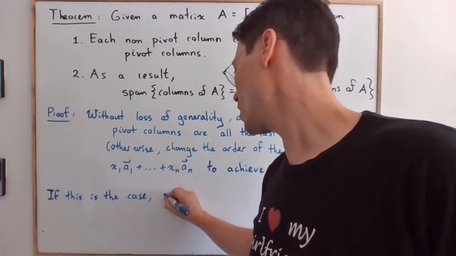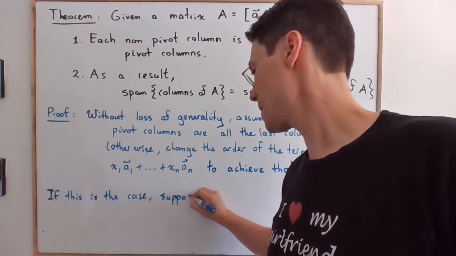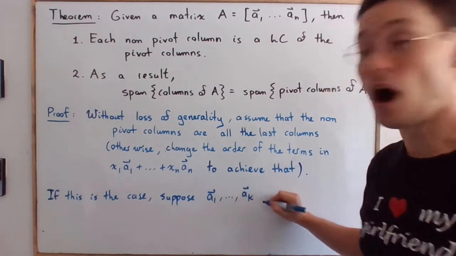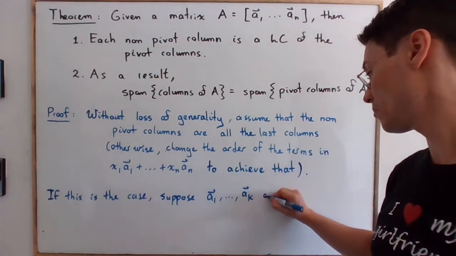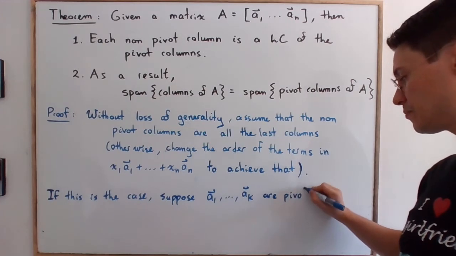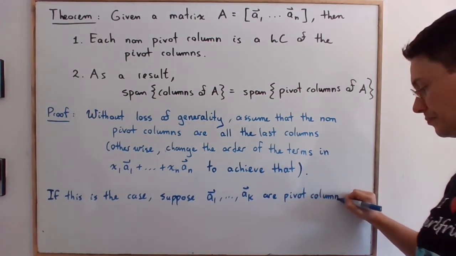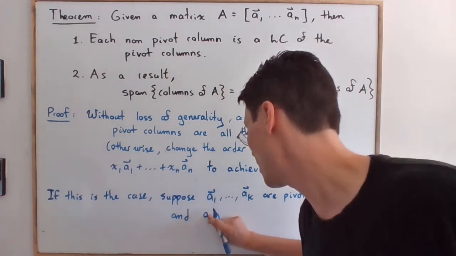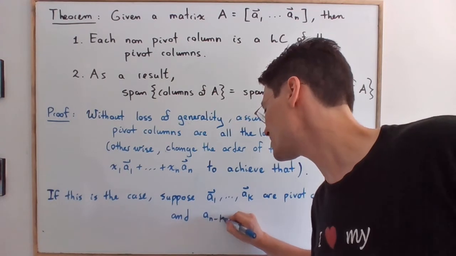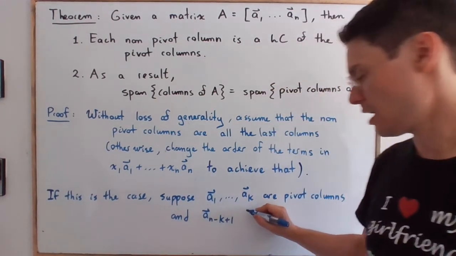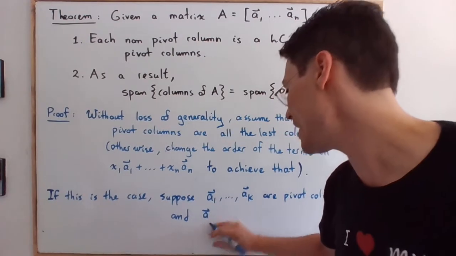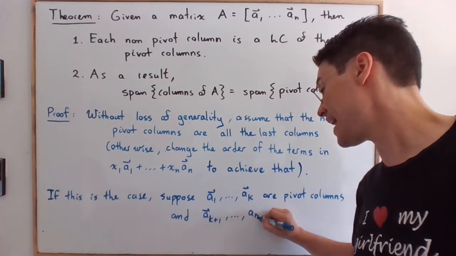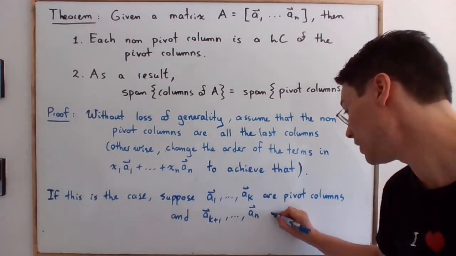So suppose A1 until, let's say, AK are the pivot columns. So basically, AK plus 1 until AN are the non-pivot columns, n minus k of them.